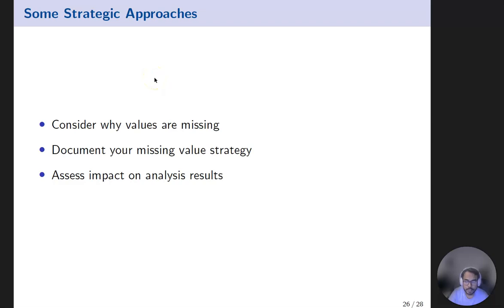Second, it's very, very important to document your missing value strategy, like what exactly are you doing? And also later on, do some sort of an impact analysis of that. So how does your analysis change based on different strategies involving missing values?